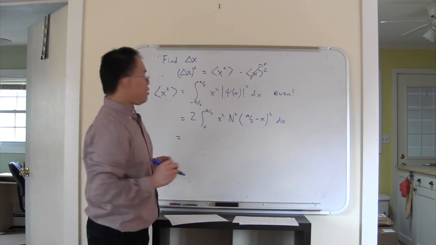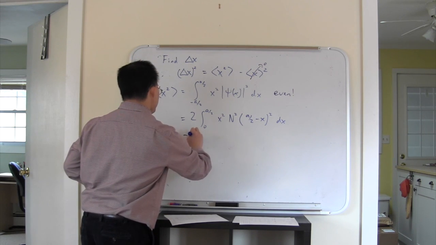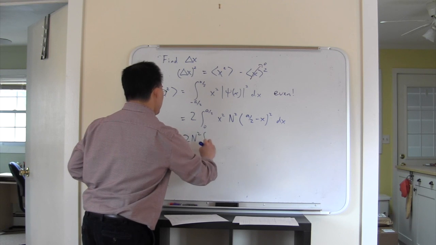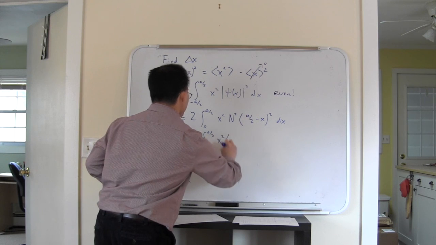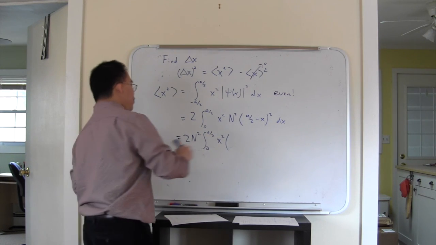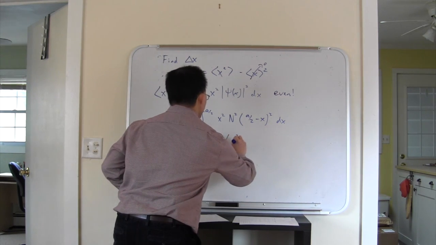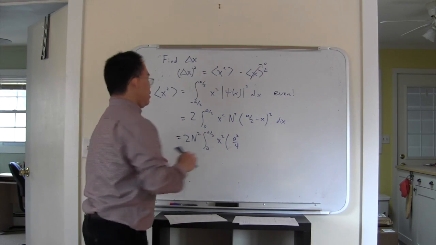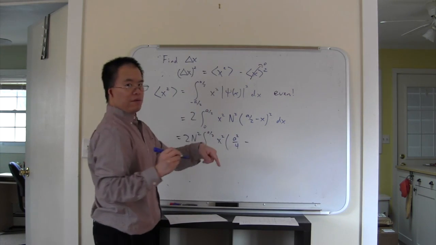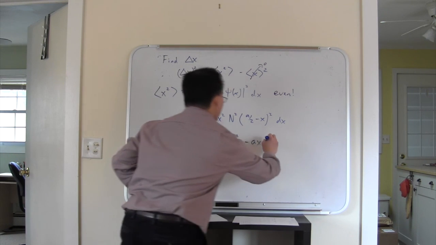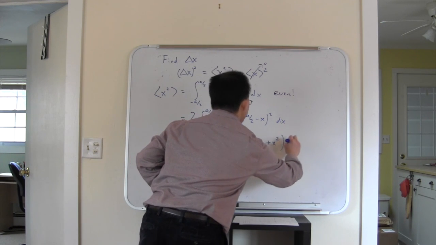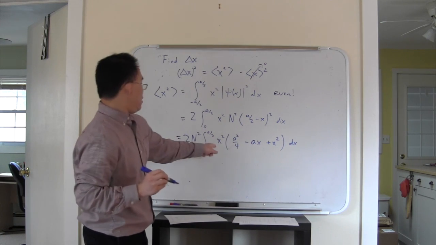Okay, so I'll pull out constants. We have a 2, we have an n squared out here, 0 to a over 2. We have an x squared. I'm going to use what we had before: a squared over 4 minus 2 times a over 2 times x, that gives me a minus ax plus x squared dx.